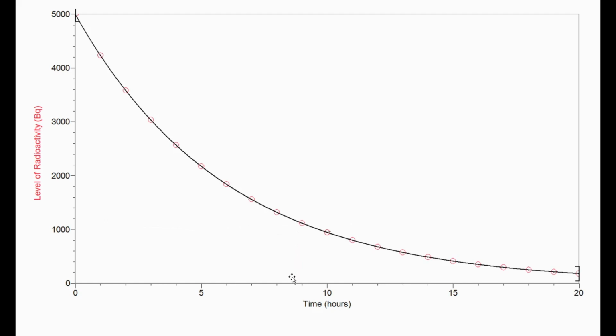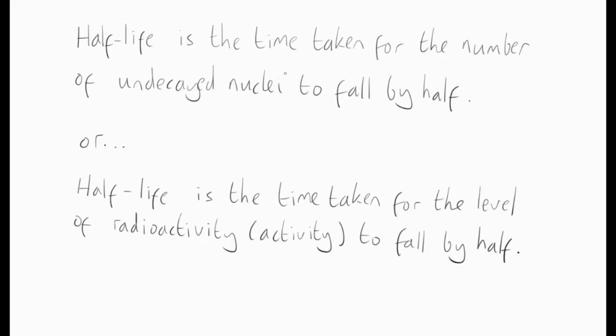So remember, when you're measuring half-life, you can either measure the number of undecayed nuclei, but that's very difficult, or you can measure the level of radioactivity, which is much easier. And when the number falls by half, that equals one half-life. Half-life is very unusual then in that it has two definitions. Both of them are equivalent.